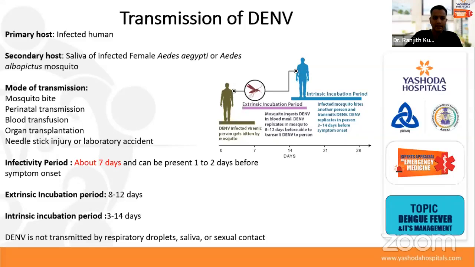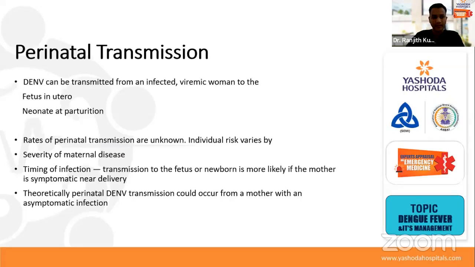The extrinsic and intrinsic incubation periods are 8 to 12 days and 3 to 14 days respectively. It cannot be transmitted by respiratory droplets, saliva, or sexual transmission. Perinatal transmission is possible from the viremic mother to the fetus in utero or at the time of parturition, but the rates of transmission are still unknown. It depends on the severity of the maternal disease and the timing of the infection.